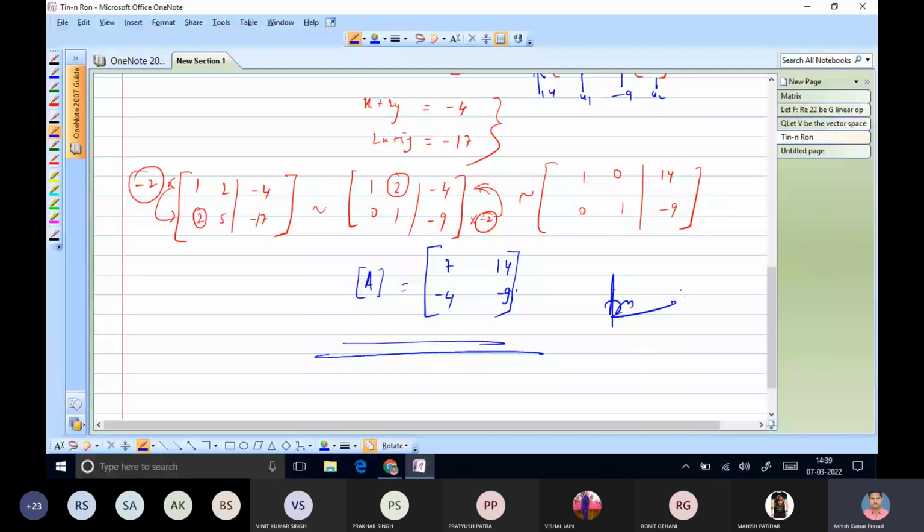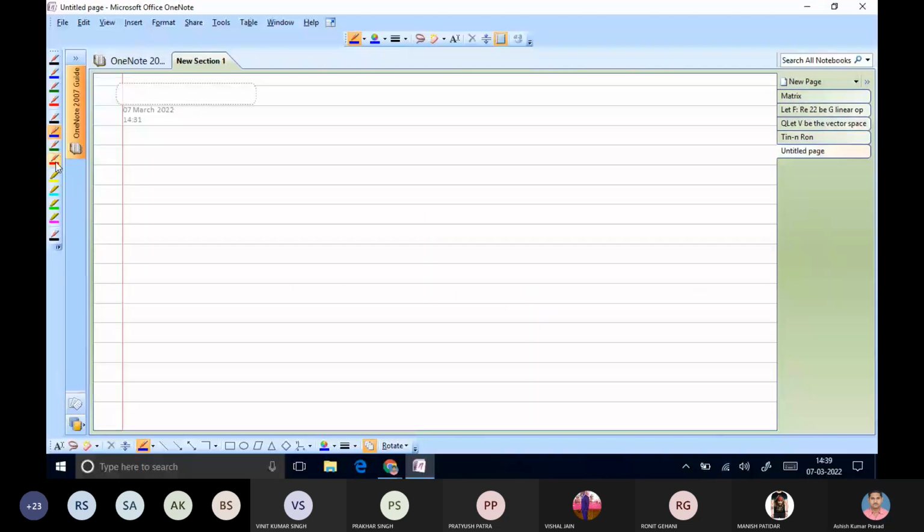Okay, so let's take one more example. Let F be a mapping from R square to R square defined by F of xy equal to 2x plus 3y and 4x minus 5y, right?